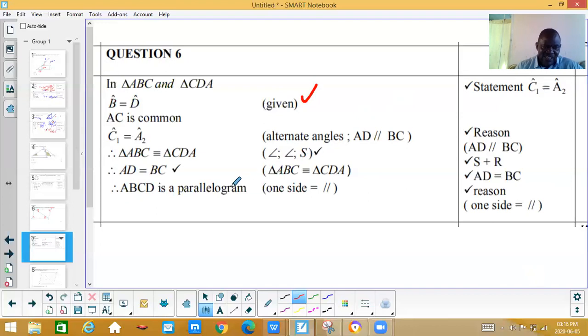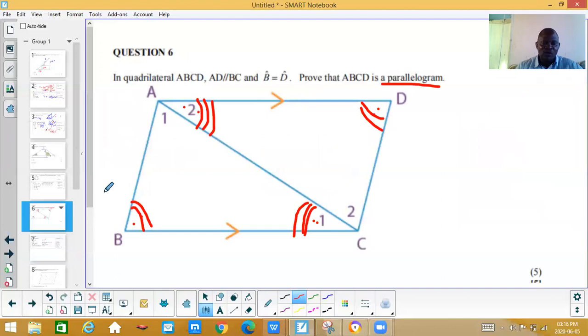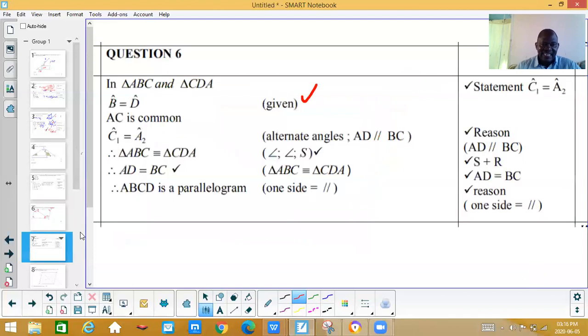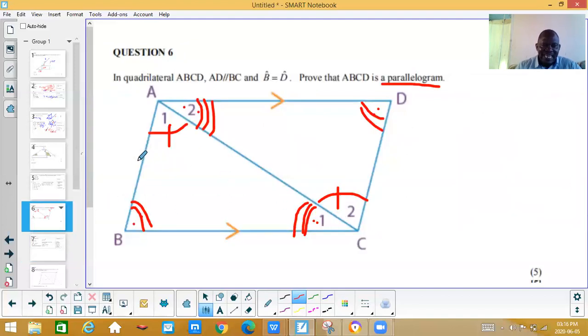Now, since these two are congruent, when you are talking of things that are congruent, you are saying those are equal in all respects. Since they are congruent, this angle here is also equal to this. Sides are equal, angles are equal, and this one here.